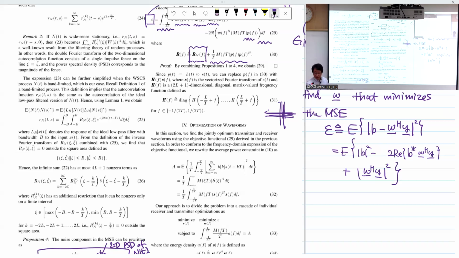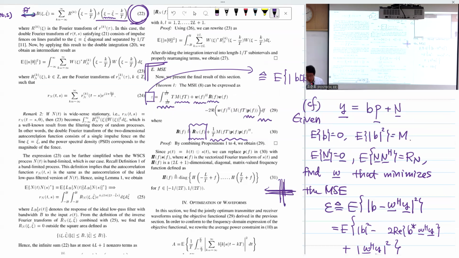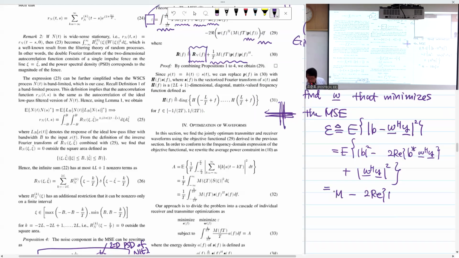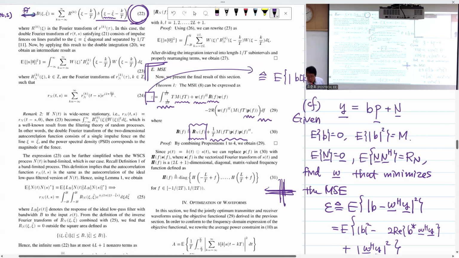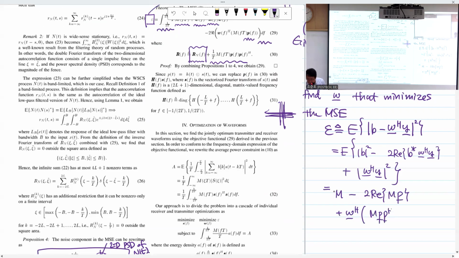This shouldn't be difficult. And then we have M minus 2 times the real part of, and we remind ourselves Y equals BP plus N. So we have M P, am I right? Plus W Hermitian, what is Y? M P P Hermitian transpose plus R N, W. Ready?